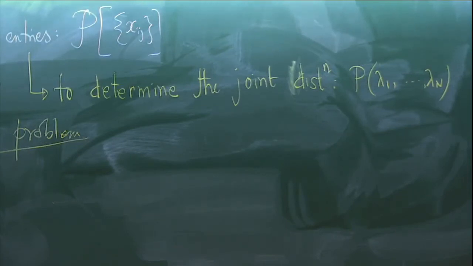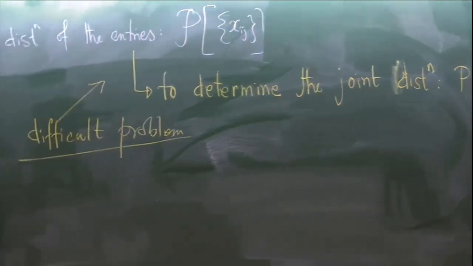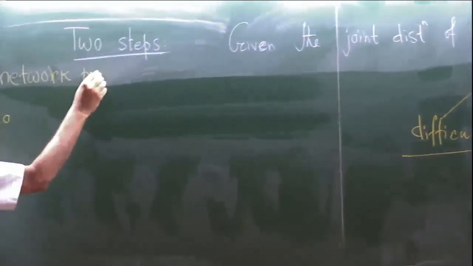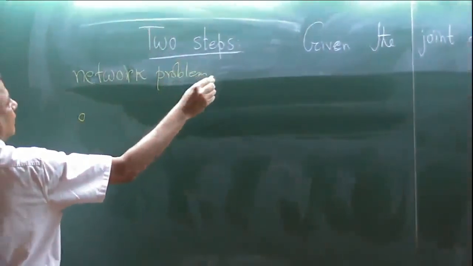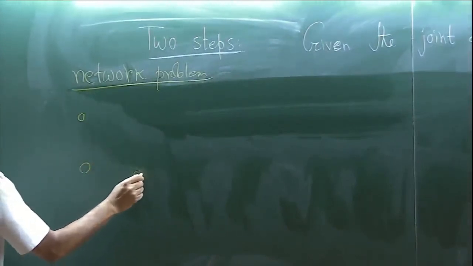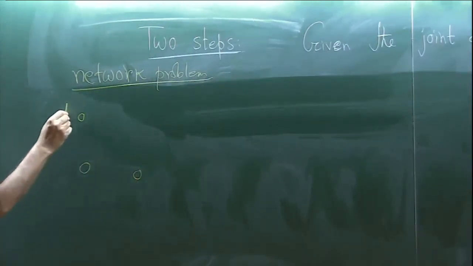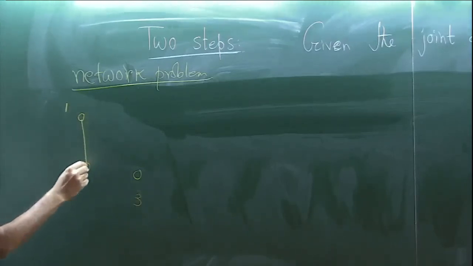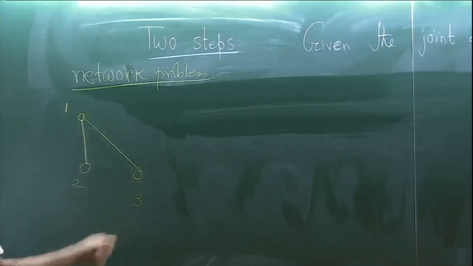Let me just give you one simple example. This is a random network problem. Suppose you have a graph. Let's say, as a simple example, a graph of three nodes, 1, 2, 3, and let's say I have connections between 1 and 2 and between 1 and 3.